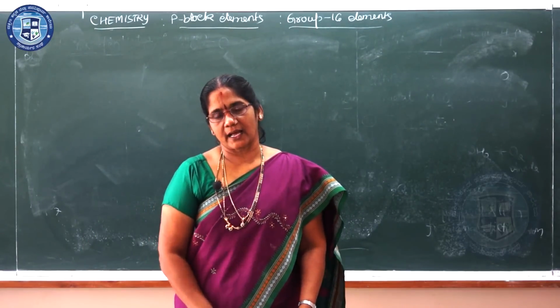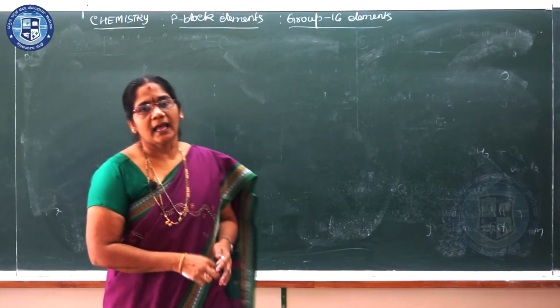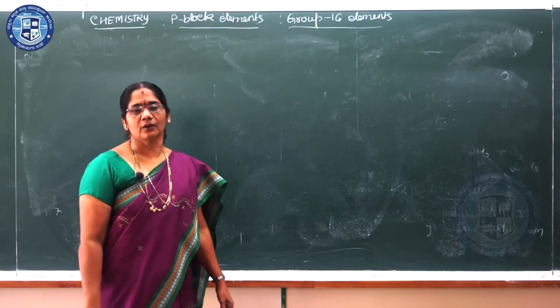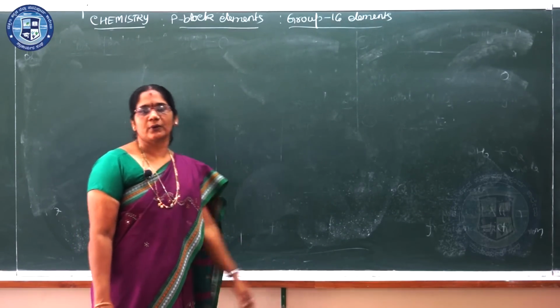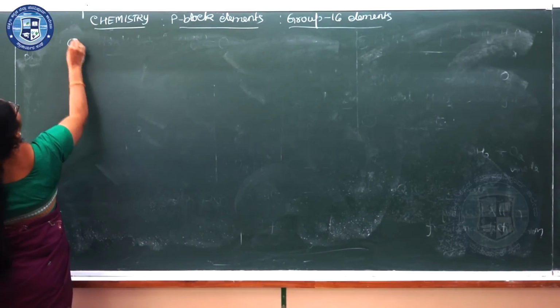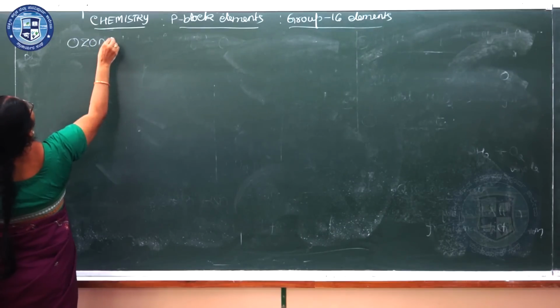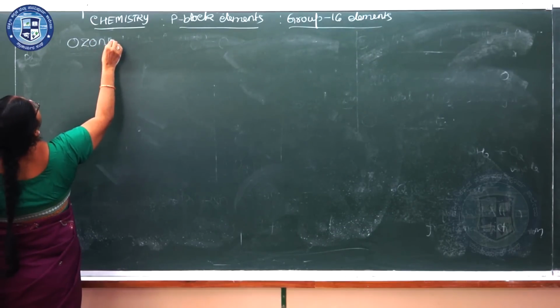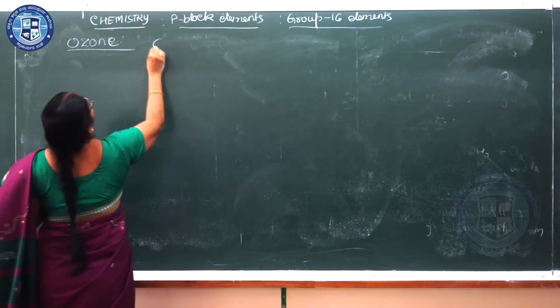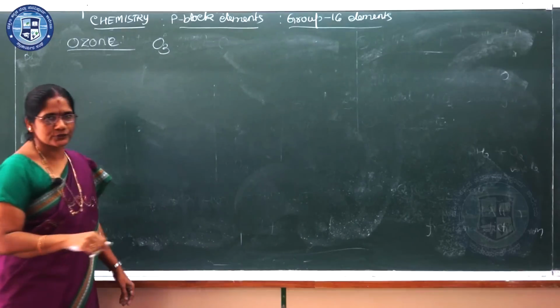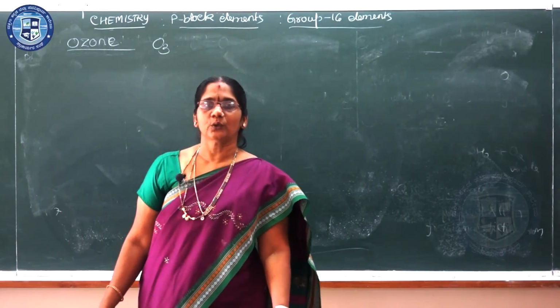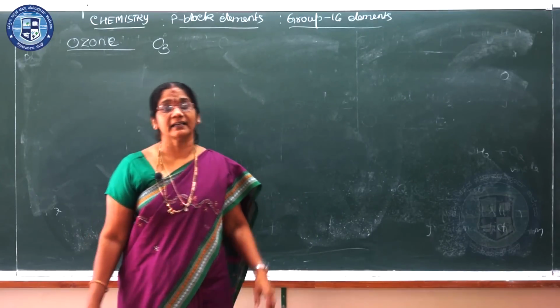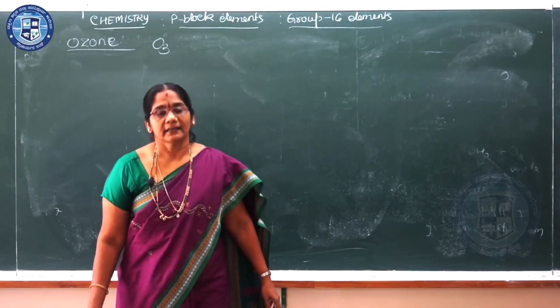So next we will start with another compound here, or element I can say. It is the allotrope of oxygen, that is ozone. When I say ozone, I know you are trying to recall the ozone layer, its depletion, all these things.